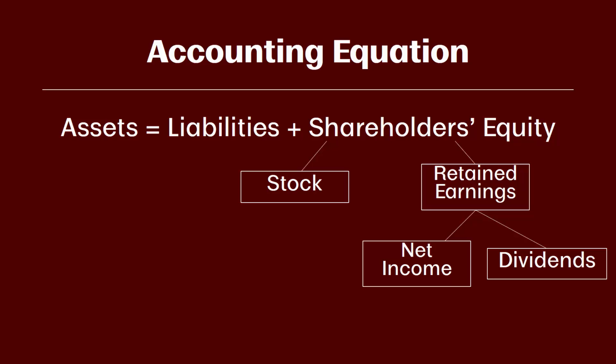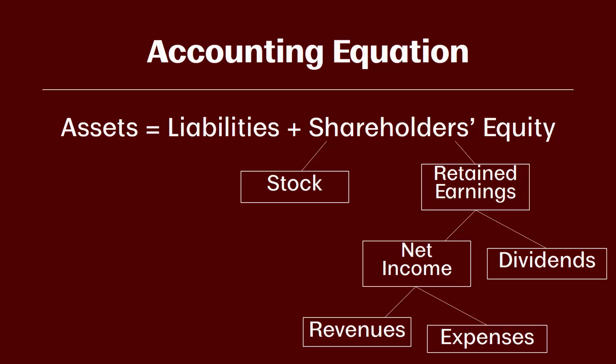I'm showing you shareholders' equity in this format here with these boxes that you can fill in because I want you to see the different components of shareholders' equity. Since net income rolls up into retained earnings and retained earnings rolls up into shareholders' equity, anytime we have a change in revenues or expenses, that's going to have an impact on shareholders' equity.